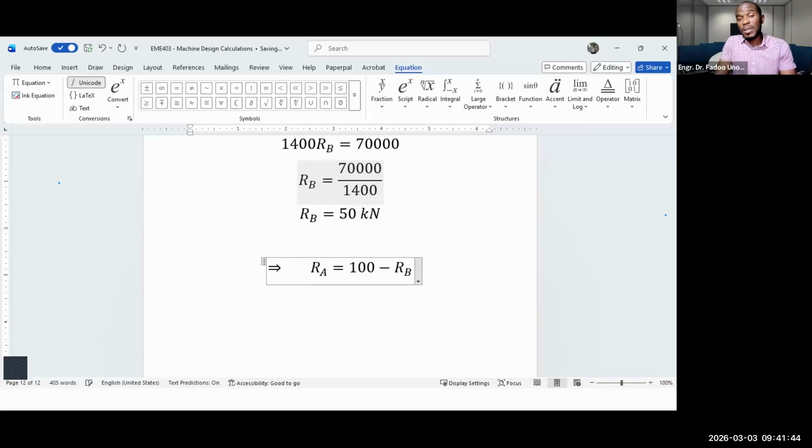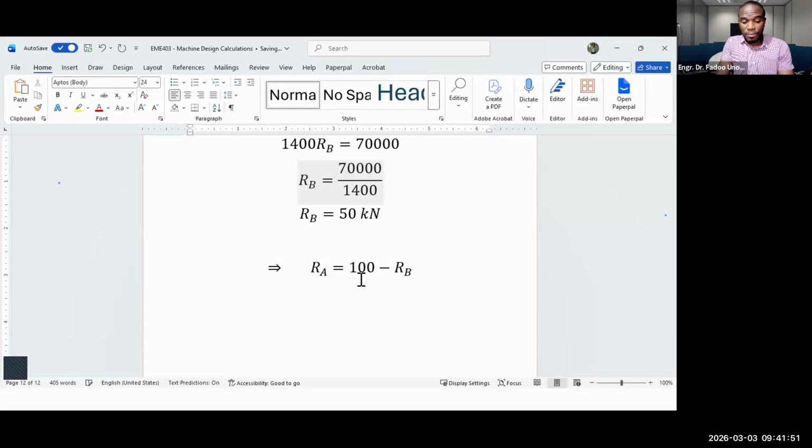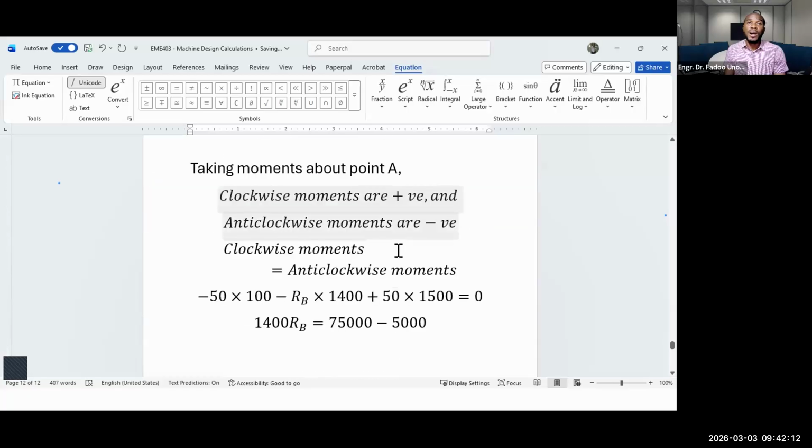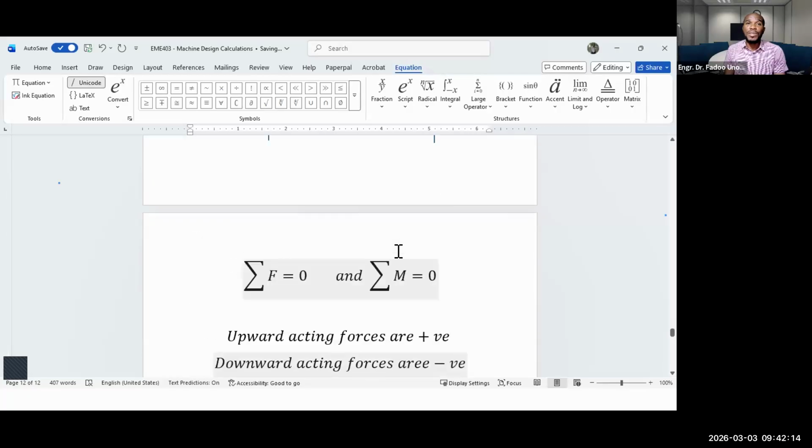So I'm going step by step so that you will know how to present this in your exams, right? And that simply means that RA is 100 minus 50, which is 50 kilonewton. Great. So we have the values of both RA and RB.